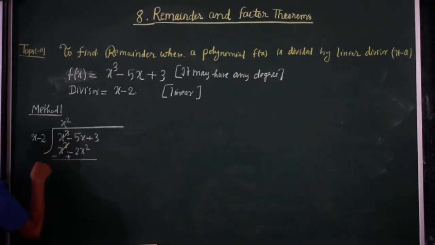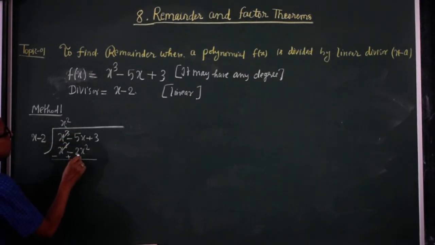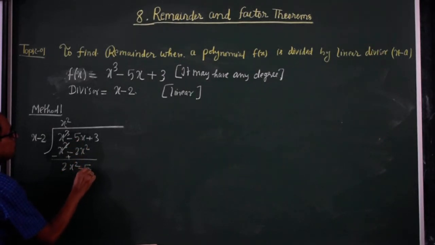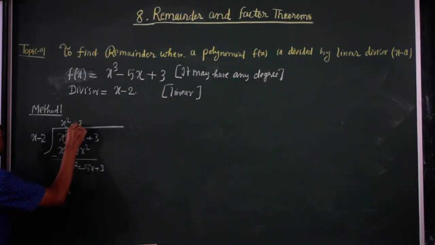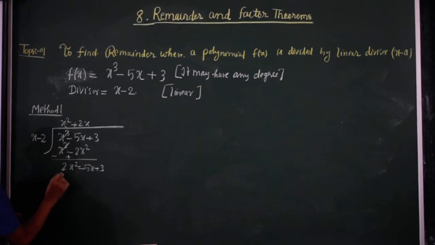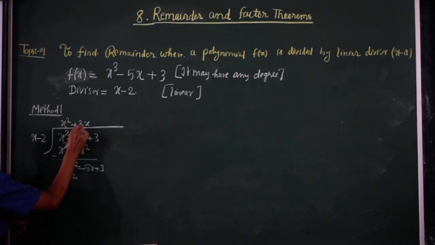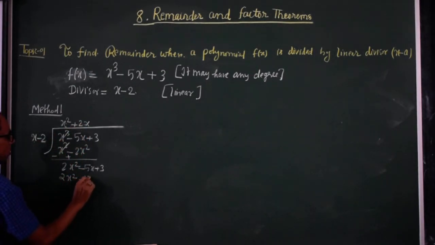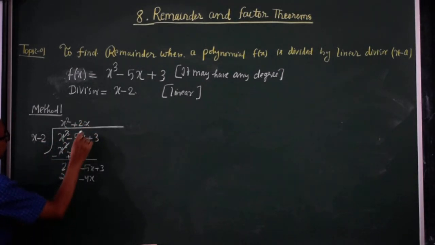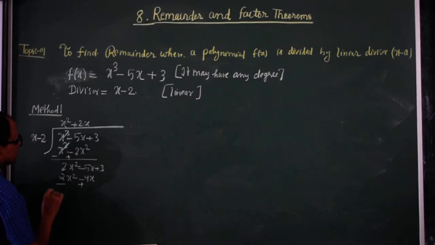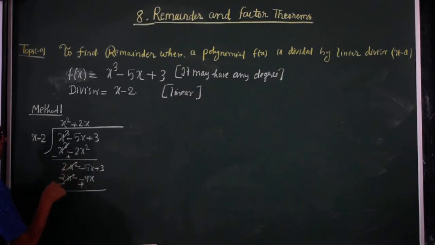So this x cube cancels. Now we have 2x square, minus 5x and plus 3. Now plus 2x: 2x into x is 2x square, 2x into minus 2 is minus 4x. Now minus and plus, so this is cancelled.